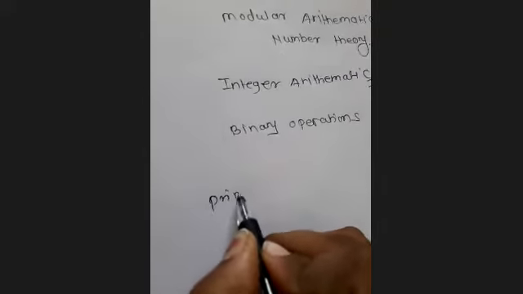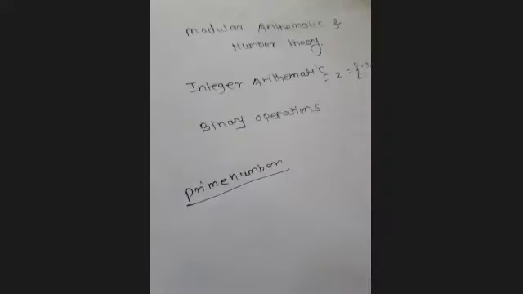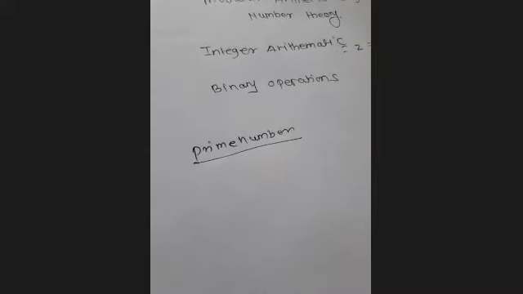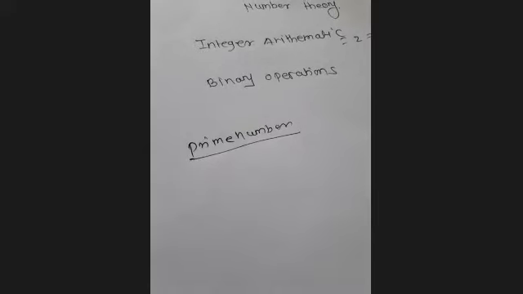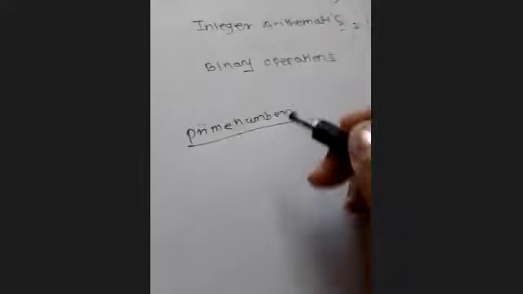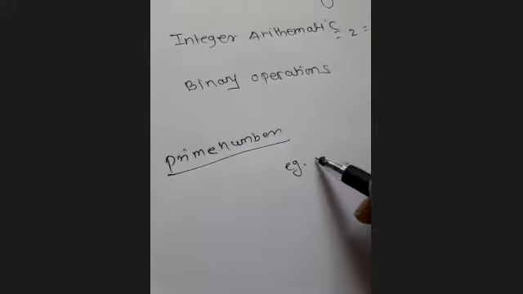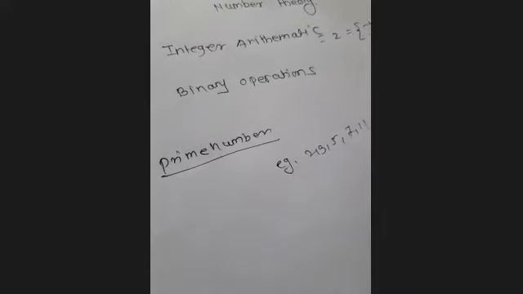Okay, we will start with, just we will revise some of the concepts. Prime number, everyone knows what is a prime number, isn't it? It is a positive integer which is greater than 1 and which is divisible by only 1 and itself, right? For example, 2, 3, 5, 7, 11, these are the prime numbers.